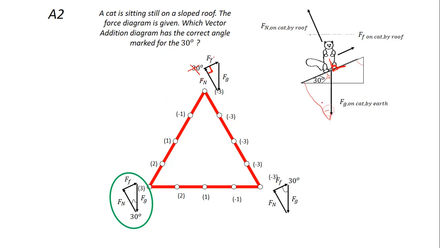This must be 30 in here as well, because this is 90 and then this must be 60. That's one way of doing it. I mean, that's tough though to get there.